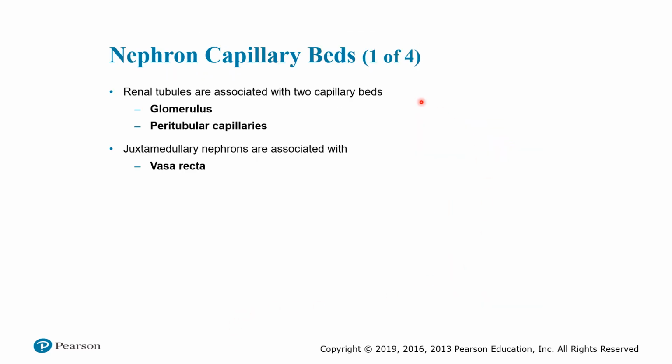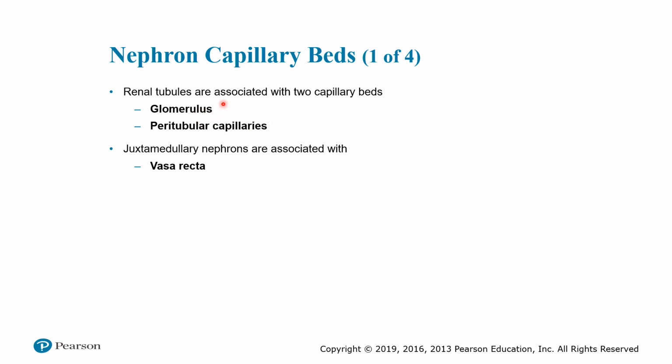So the same point which I just mentioned: the renal tubules are associated with two capillary beds. One is the glomerulus, which we know is the specialized capillary bed between the afferent arteriole and efferent arteriole. And then there are peritubular capillaries. Peritubular capillaries are present around the cortical nephron, and they arise from the efferent arteriole, right?